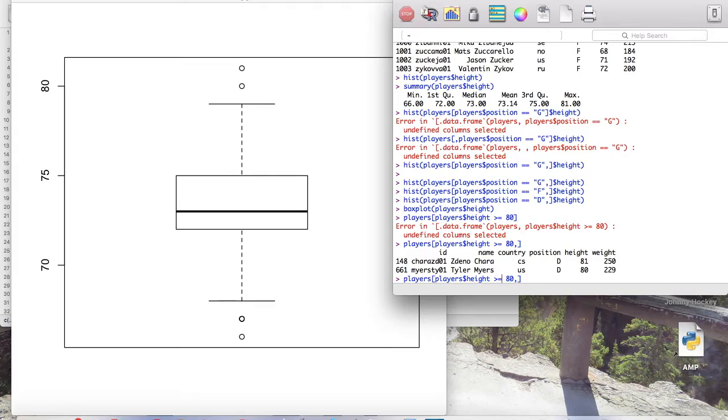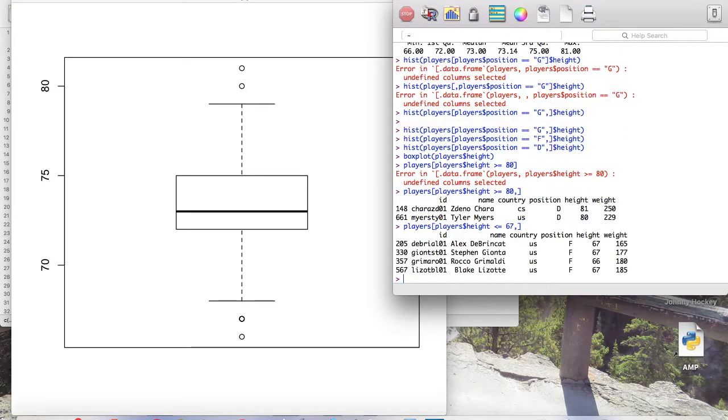And then we could look at these two small values here. These two small values would be, I think, less than or equal to 67. So that would be 5'7" and below. One thing we can see is that this dot here is thicker than this one, and that's saying that there are more of these values.